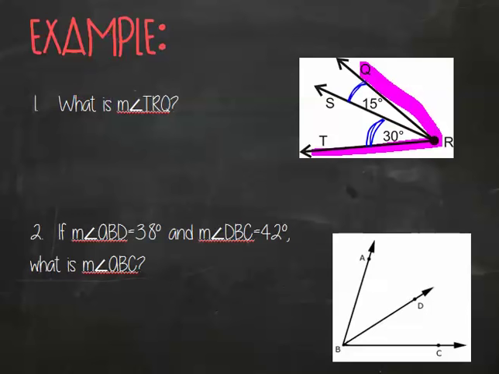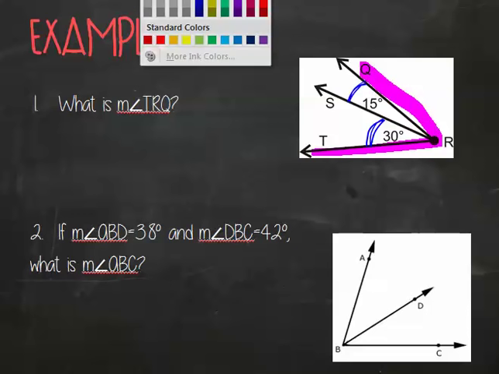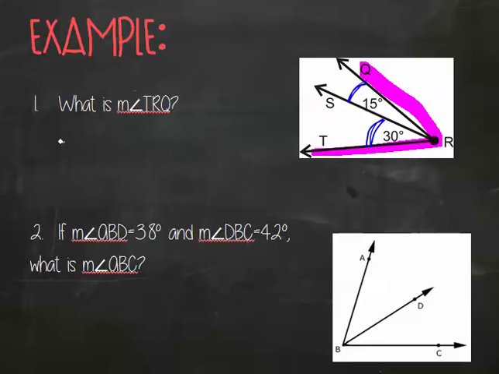Okay, so we learned from our angle addition postulate that all we have to do is add those two things together. So we're going to say 30 degrees plus 15 degrees is going to give me 45 degrees.